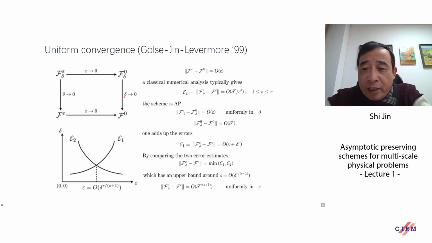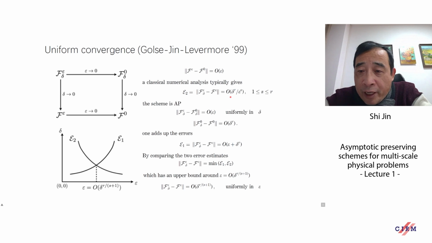So that's how this scheme works. Now, why does this idea work? Here's a very simple argument that I had with Francois Golse at Livermore 20 years ago. Mathematically, you can say the distance between F epsilon and F0 is O(epsilon). Now if I have a numeric scheme here, then if you do a standard convergence analysis, you compare this with that.